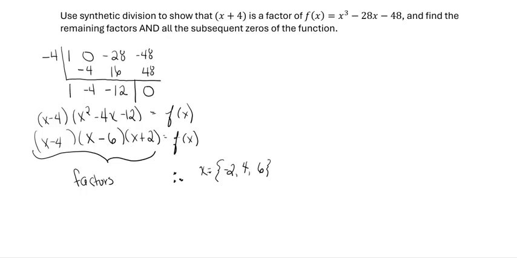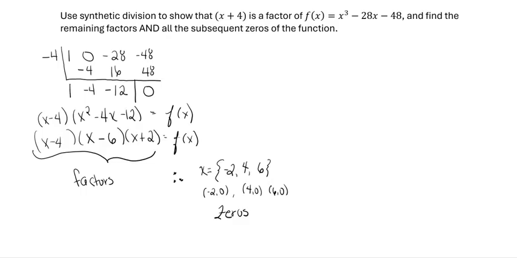So this set of x's are the numbers that x can be in order to make my f of x, the entire thing, equal to 0. Those are the zeros of the polynomial. I can also write them as negative 2, 0, 4, 0, and 6, 0. So these are all the zeros of the polynomial.